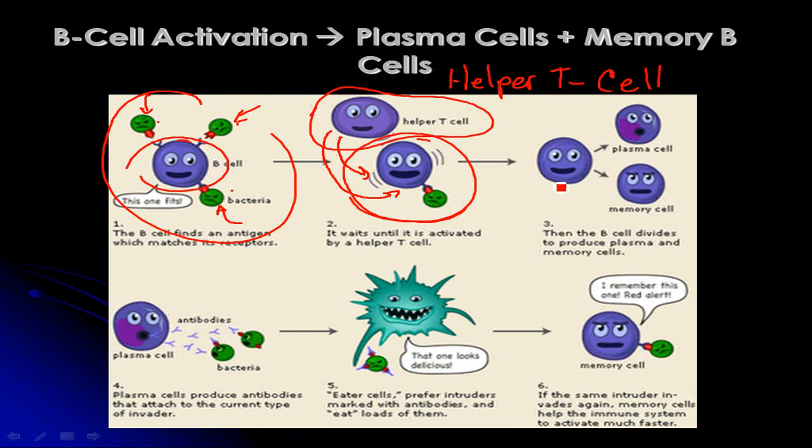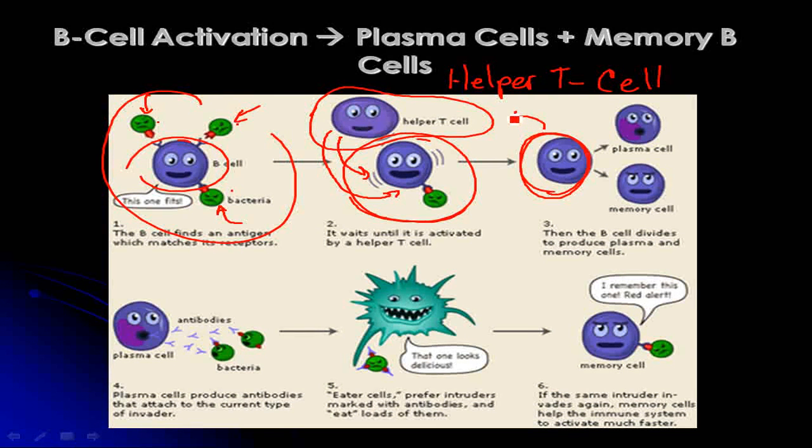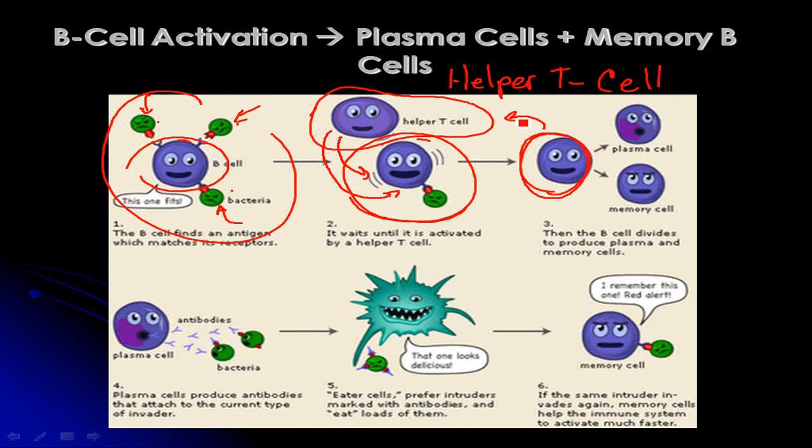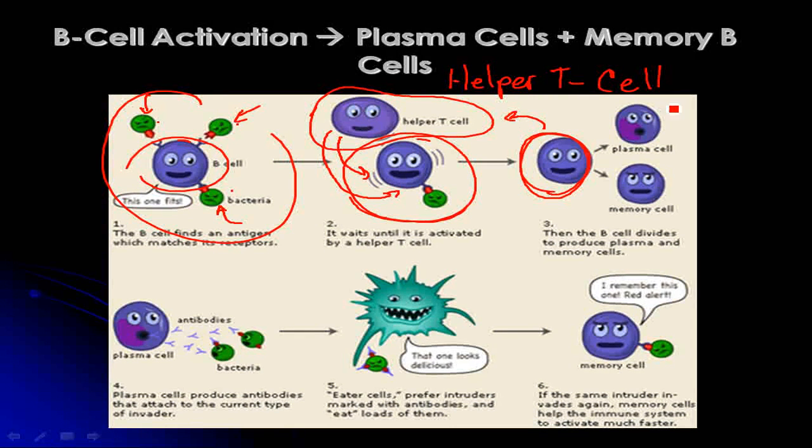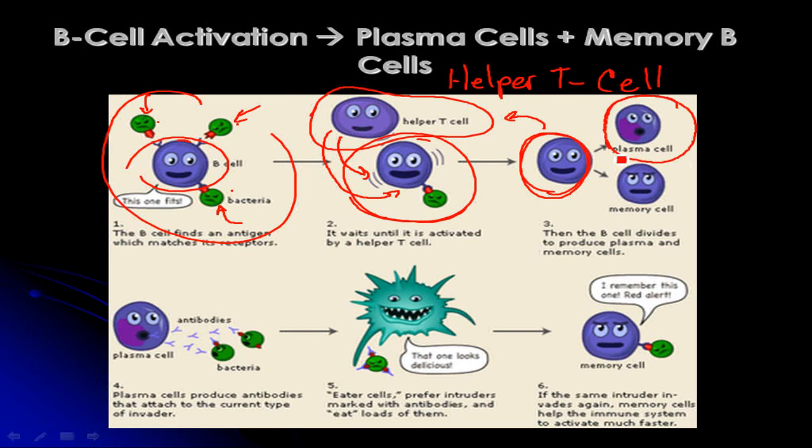And then, as we'll see, the B cell over here that got activated by its antigen and received help from this T cell will start multiplying over and over and over again. And as those cells keep multiplying, many of them are going to specialize or convert into plasma cells, and others are going to convert into memory cells.